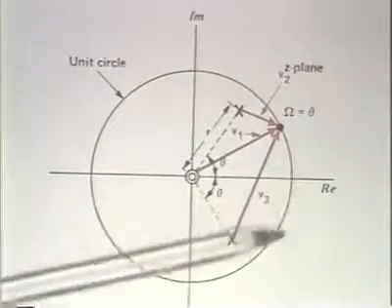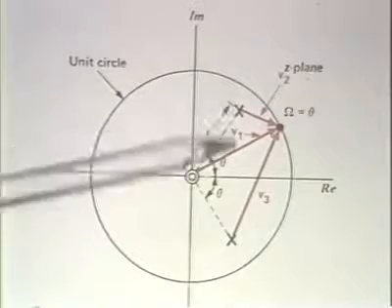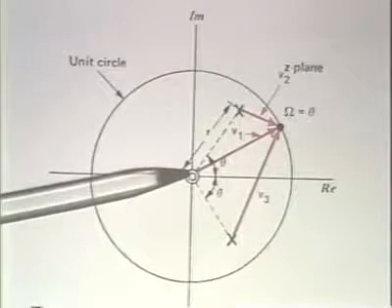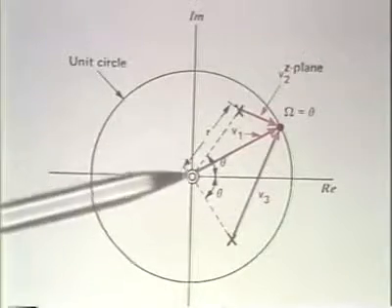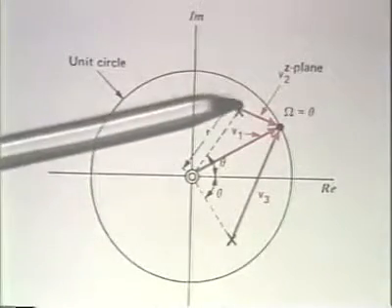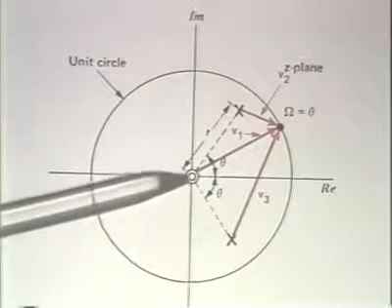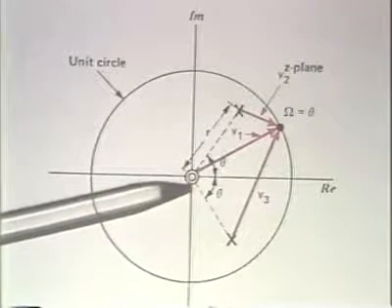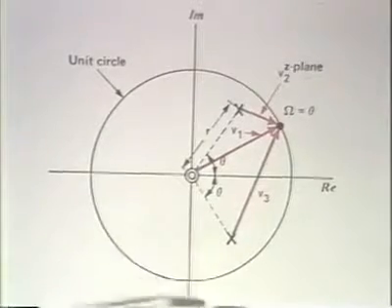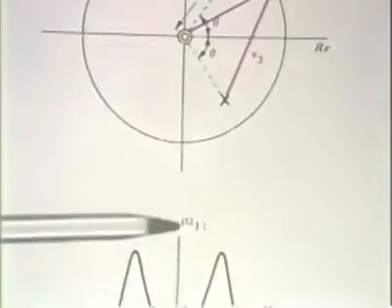So in fact, if we looked at the Fourier transform associated with this pole zero pattern, if this was, for example, the z transform of the impulse response of a linear time invariant system, the corresponding frequency response would be what I've plotted out below.